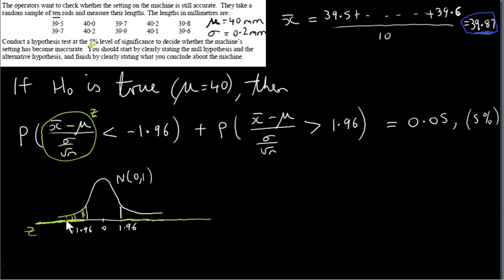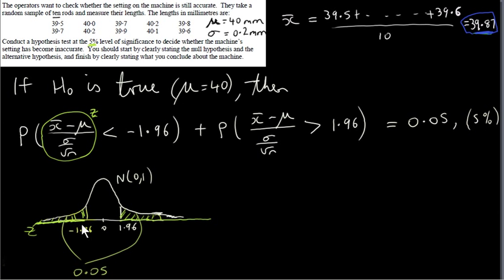That means that this area here in this tail plus the area in this tail here, the standard normal distribution in theory carries on forever, but it approaches the z-axis. Anyway, these two tails must sum to 0.05. So that's where the 5% level of significance comes from.